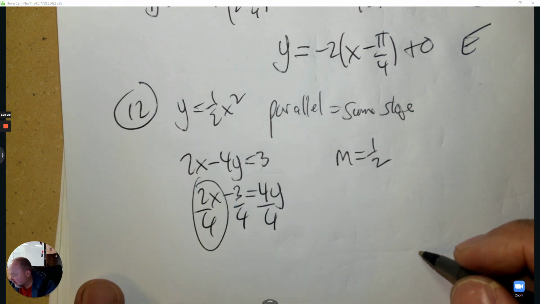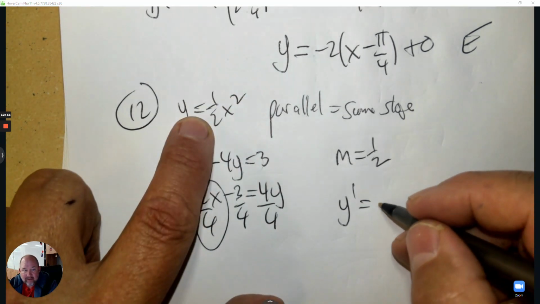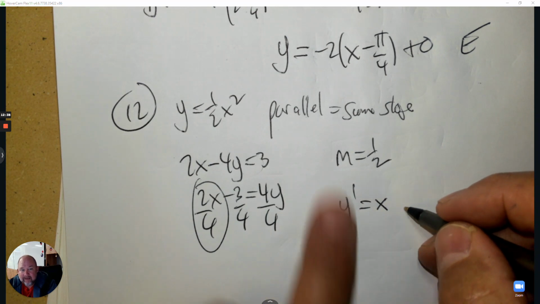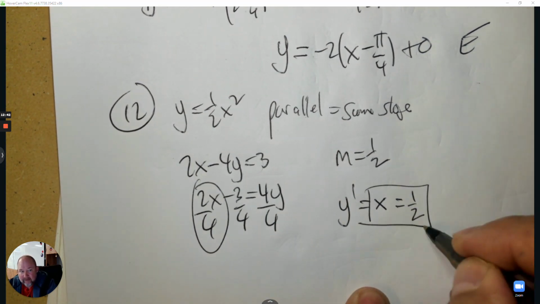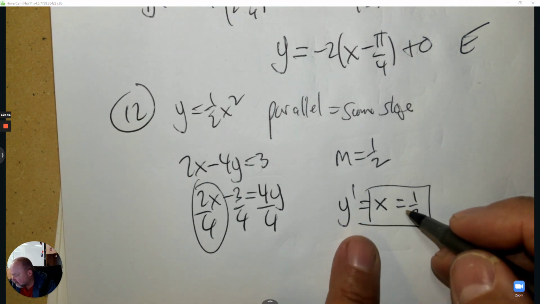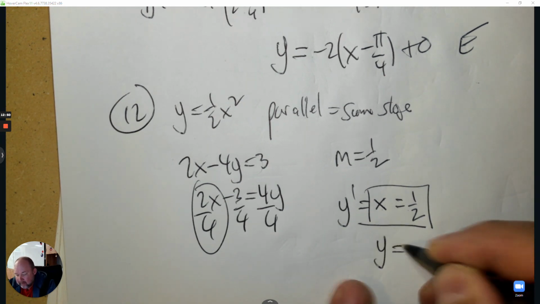Then I'm going to take the derivative, 2 times 1/2, and then subtract 1 from the exponent, and I'm going to make it equal to that slope, and I see the answer, x equals 1/2. So when x equals 1/2, the slopes are the same, and then what's the y-coordinate?